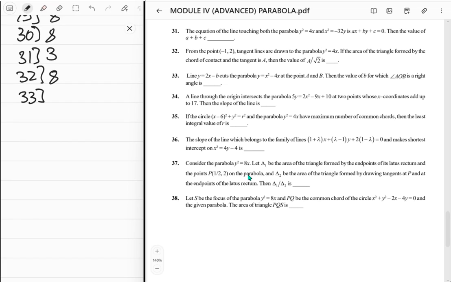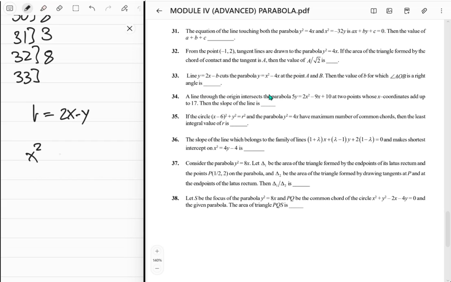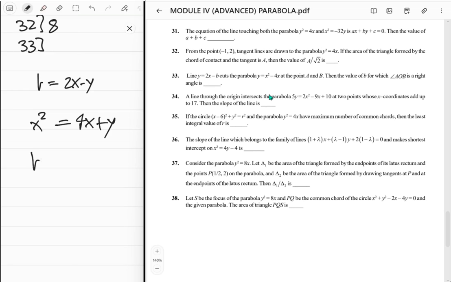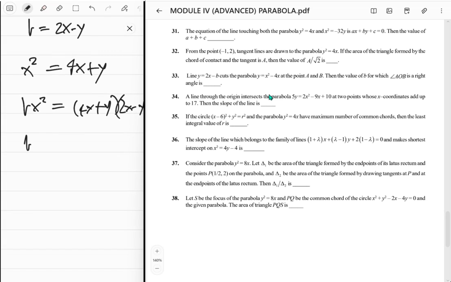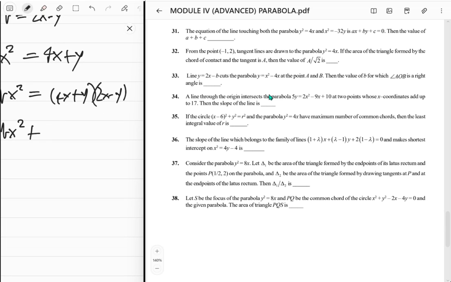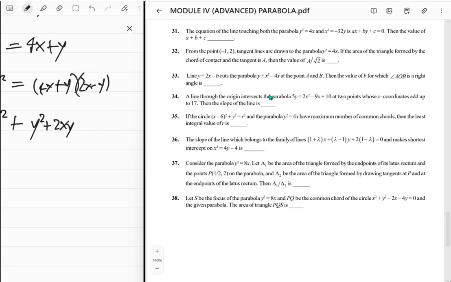Just homogenize the thing. So first of all, okay, B is equal to x minus y, right? You got x square is equal to 4x plus y. Yes. So bx square is equal to 4x plus y times 2x minus y. So basically bx square plus, y minus 2x and y plus 4x, we got y square plus 2xy minus 8x square is equal to 0, right?